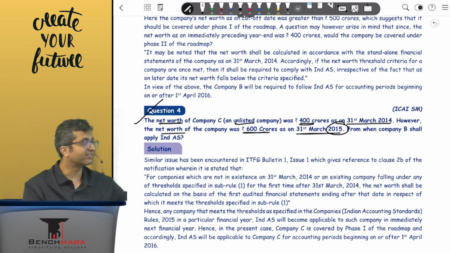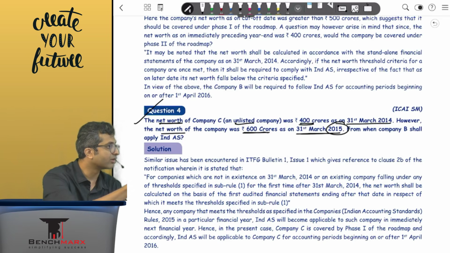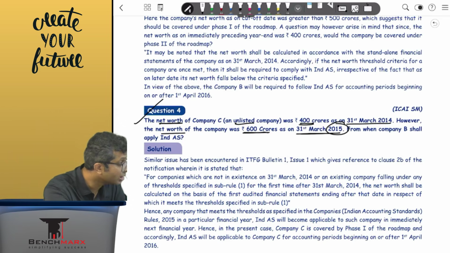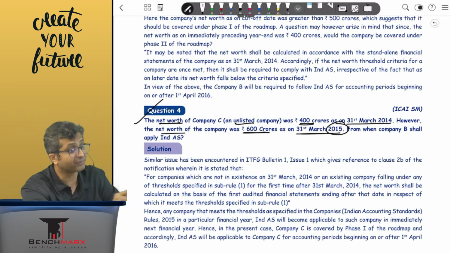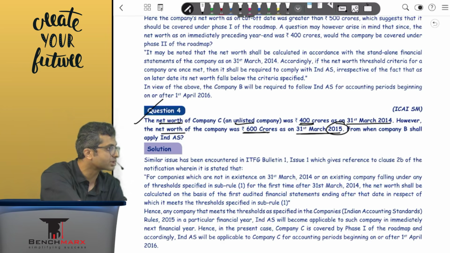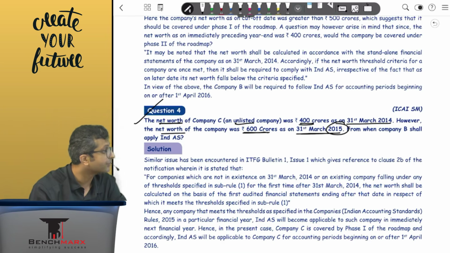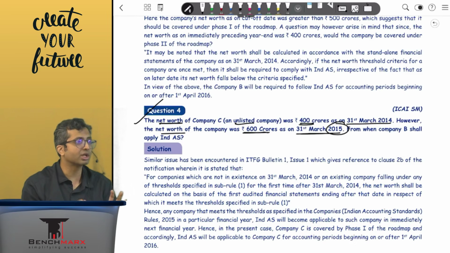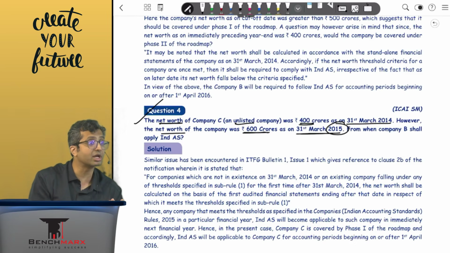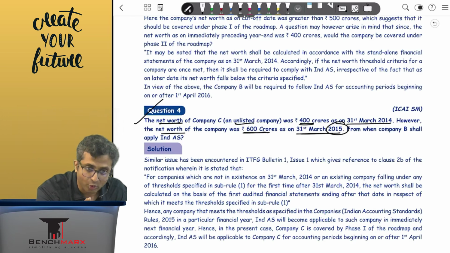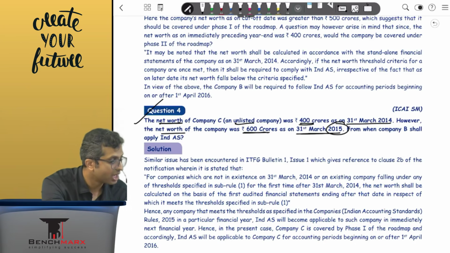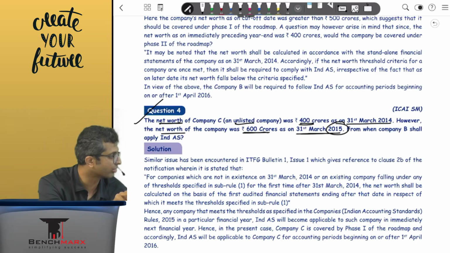The law says you will look at the net worth on 31st March 14 or the net worth as per last audited balance sheet if any of them crosses 500 crores. 1617 पे चिपक जाएगा. So ऐसा नहीं कि net worth on 31st March 14 is less than 500 means निकल ही गया. No. It is 31st March 14 or last audited balance sheet. If any of the two crosses 500 crores.